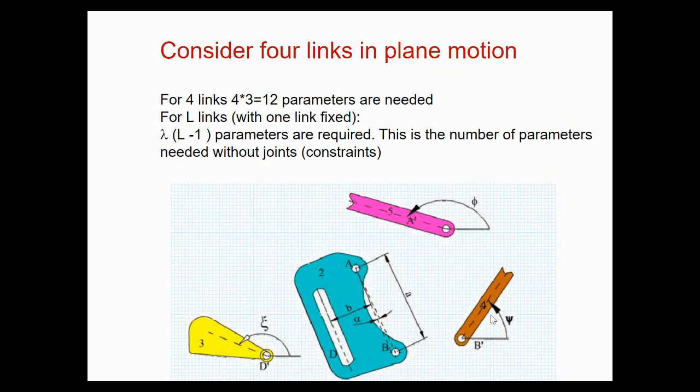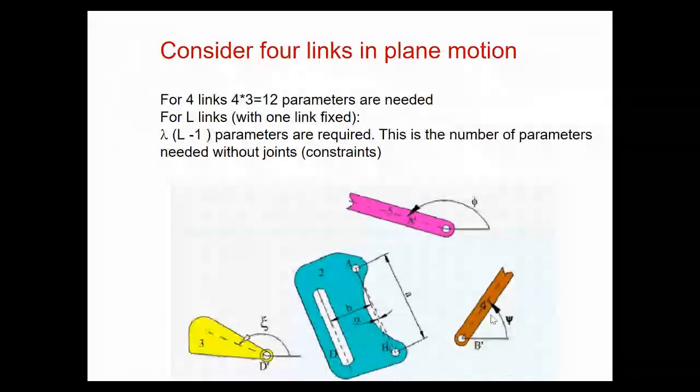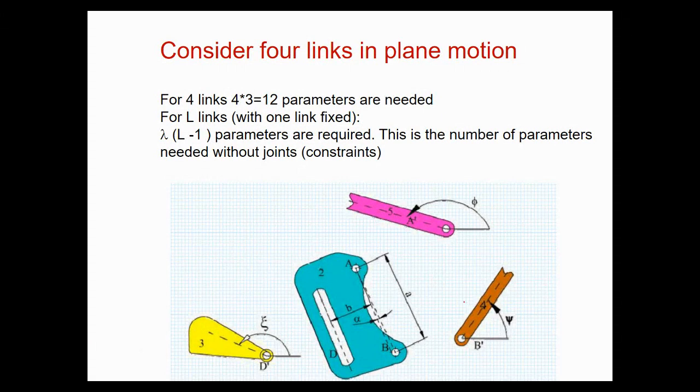Now we will do an argument like this. For example, we have 4 links here. If you have 4 links, what is the degree of freedom of 4 links without any joints at all? We didn't count the first link, but 2, 3, 4. We need the ground link also.